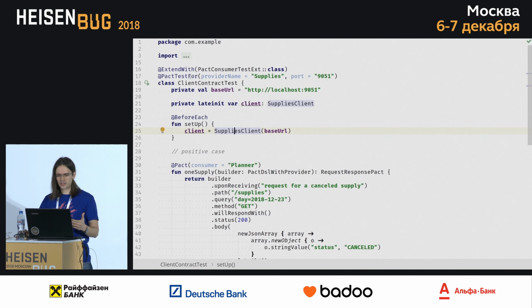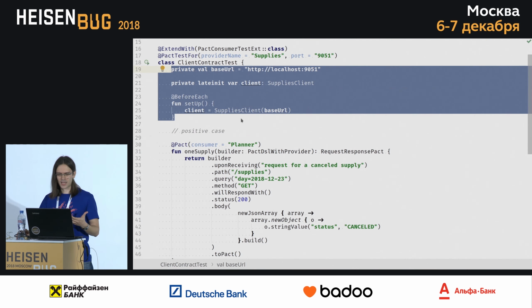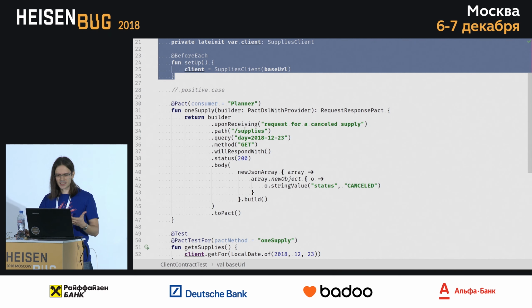What Pact gives me is a fake server that will answer with pre-populated responses. My job is to set which port this fake server will run on, and then I configure my client to use the same port, 9051. So here is the setup of my test, and now I can have test cases.